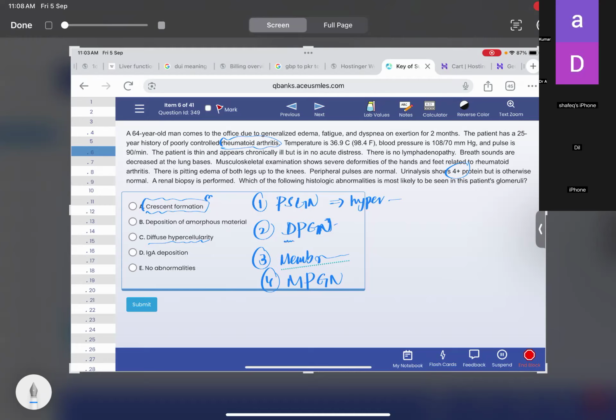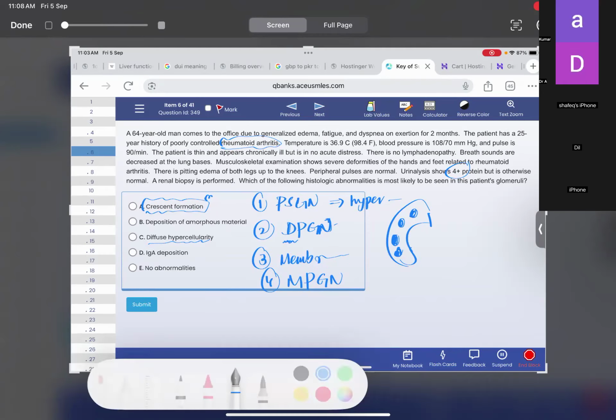Why do we call it diffuse? Because it involves more than 50% of the place. If we have a kidney with this many nephrons, and more than 50% of the nephrons are involved, we call it diffuse.